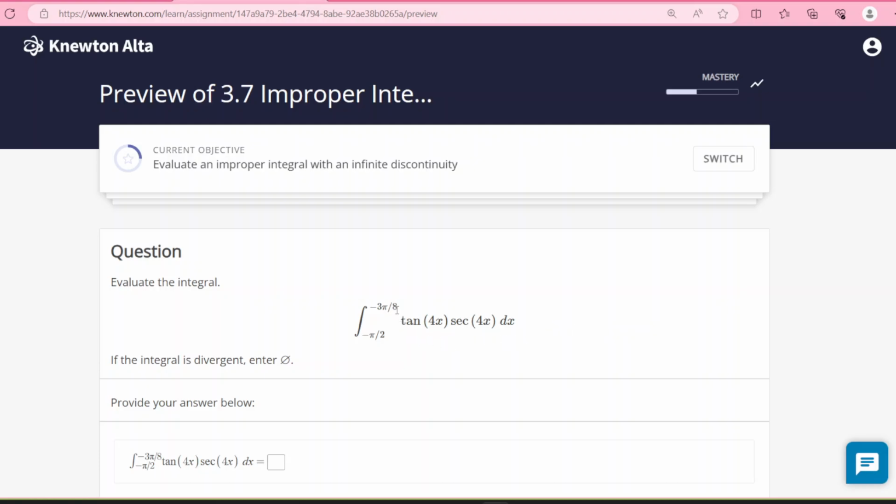So now we've got the integral from negative pi over 2 to negative 3 pi over 8 of the tangent of 4x times the secant of 4x dx.